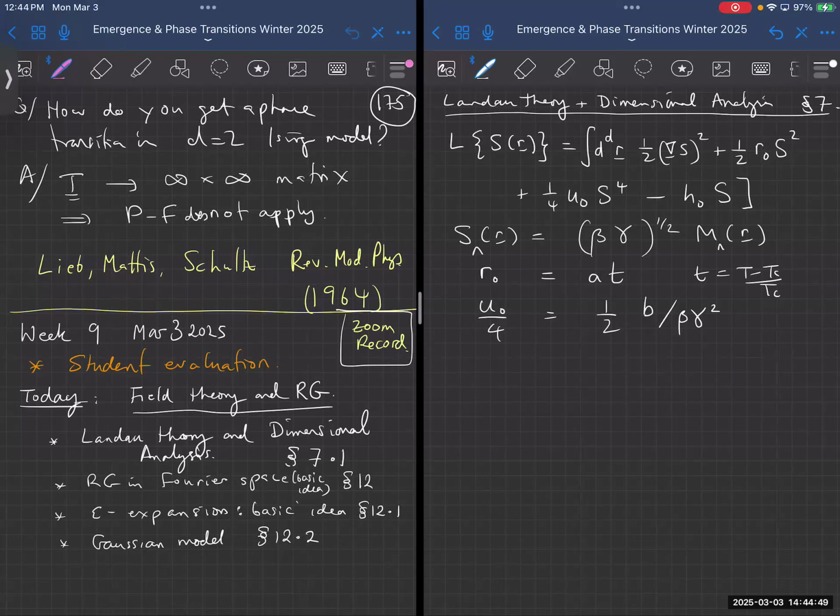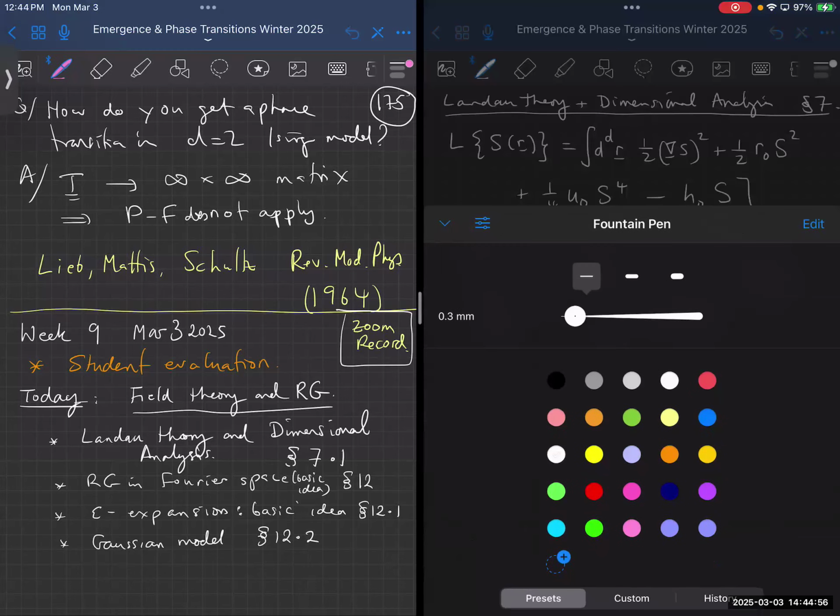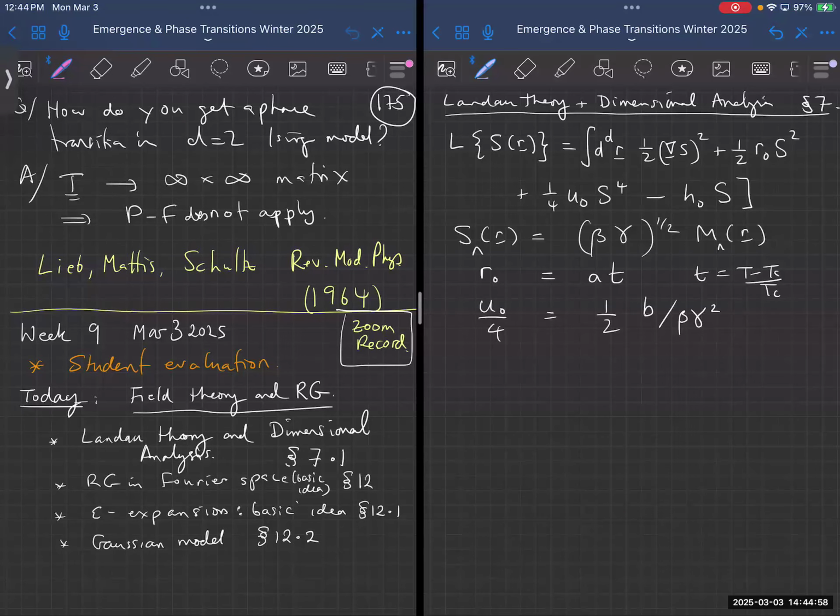So we can think of this as a redefined order parameter, and I've written it in this way.